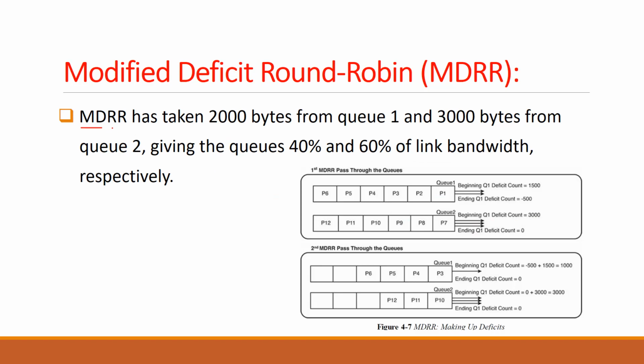The end result is that MDRR has taken 2000 bytes from Q1 and 3000 bytes from Q2, giving the queues 40% for Q1 and 60% of the link bandwidth to Q2, and this round robin process will be repeated.